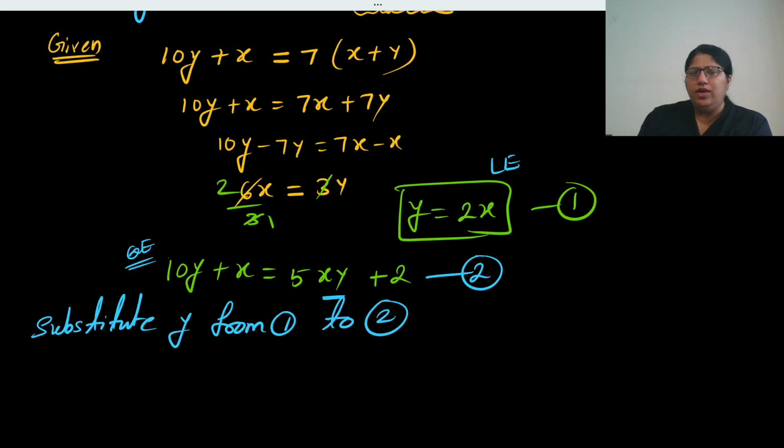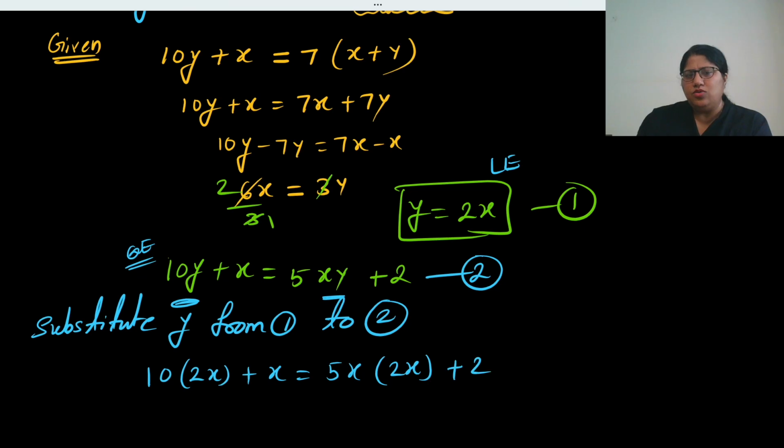I can write 10y plus x as it is equals 5xy. We are substituting the y value. So on the left-hand side also you can substitute, because y is here also, right? So 10 times 2x plus x equals 5x times 2x plus 2, right?